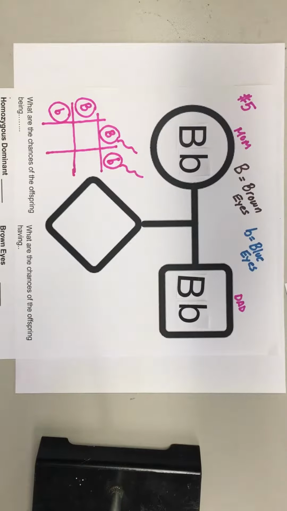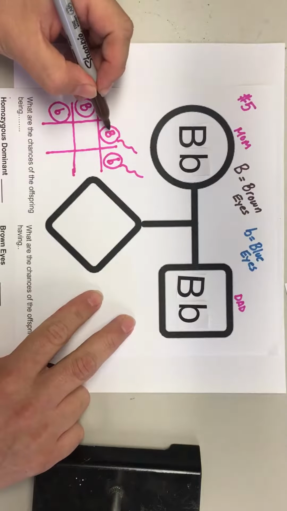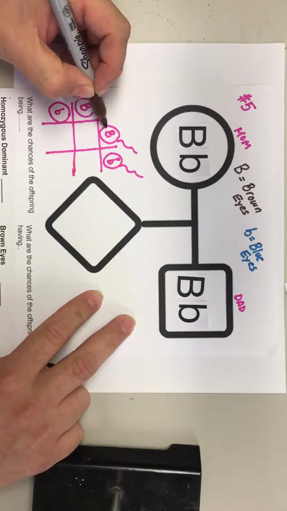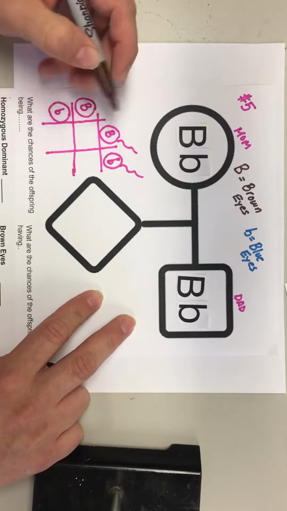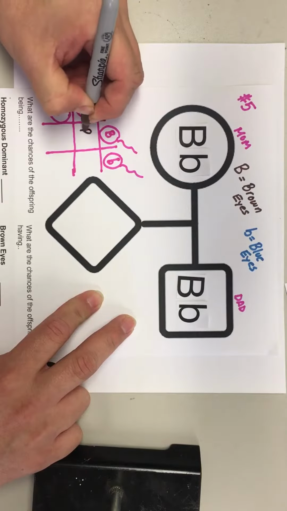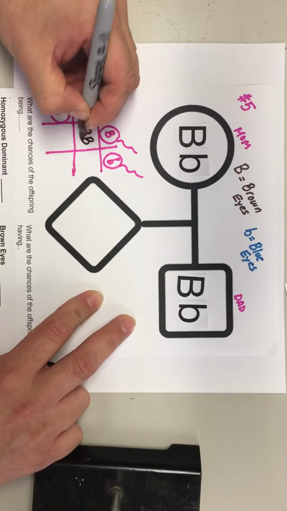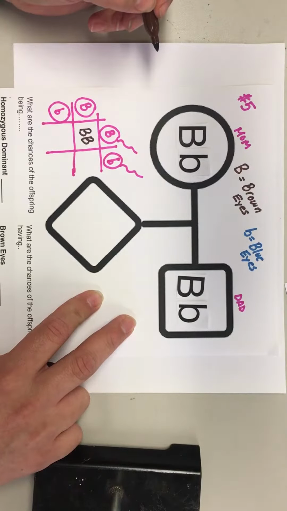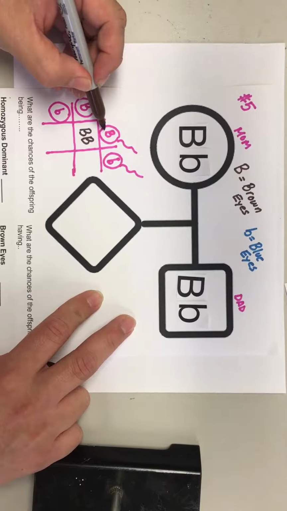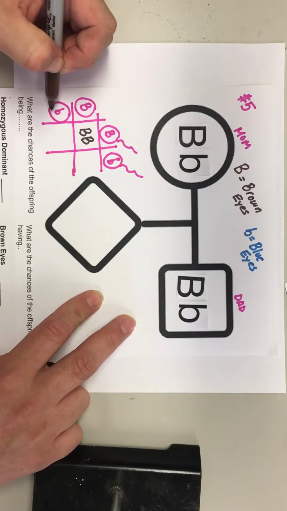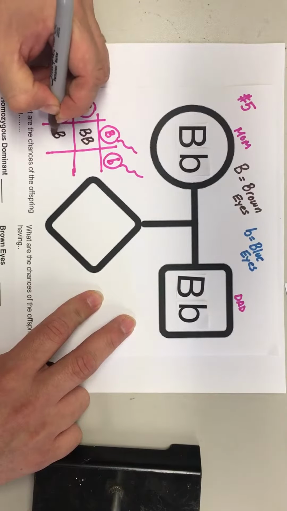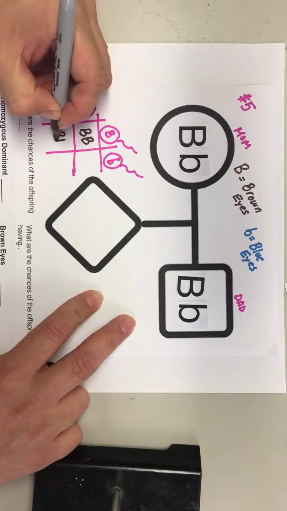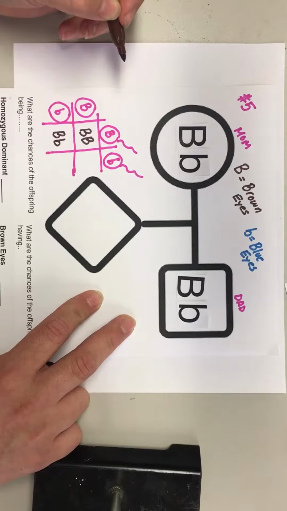Now, if you notice, if this sperm joins with this egg, we will have an individual that is homozygous dominant. If this sperm joins with this egg, we'll have an offspring that will be heterozygous.